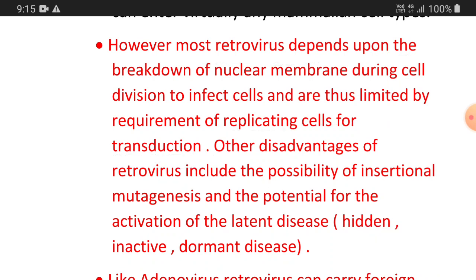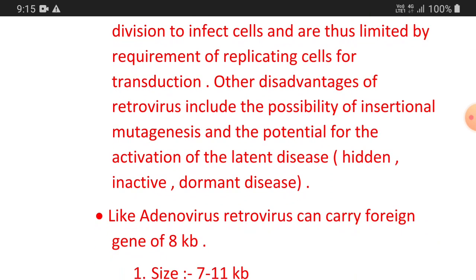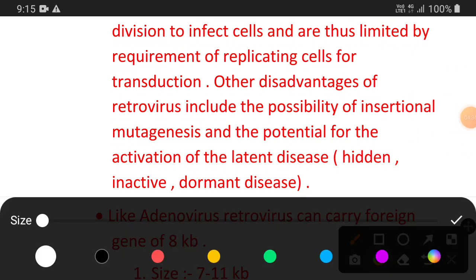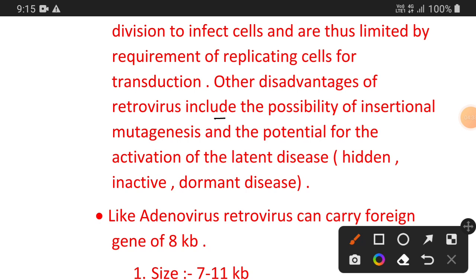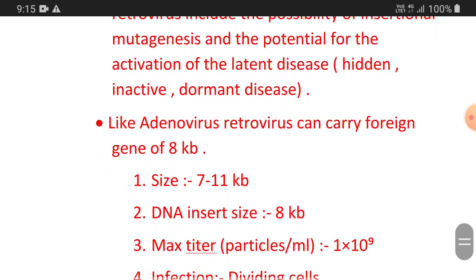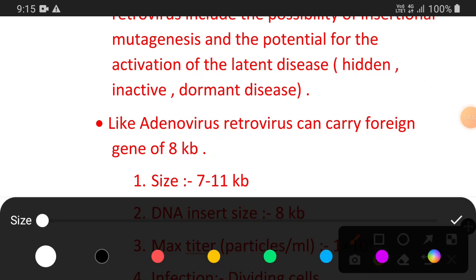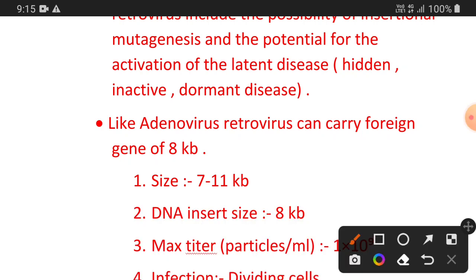That means only dividing or replicating cells can be transduced with retrovirus. Another disadvantage is that it has the power to induce potential insertional mutagenesis. We discussed what mutagenesis is in our second video. I will put the link in the description box if you want to know about insertional mutagenesis. There is also the potential for the activation of latent genes, and it can activate latent disease.